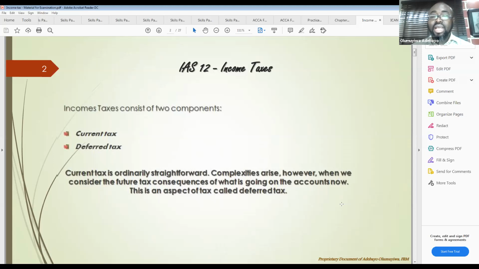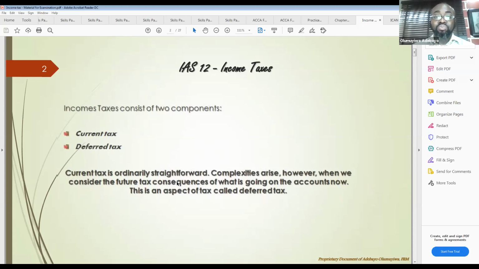But the total consequence of taxes is what is required to be recognized from a financial reporting perspective. Remember, yesterday we refreshed ourselves with the understanding of the accrual basis of accounting.